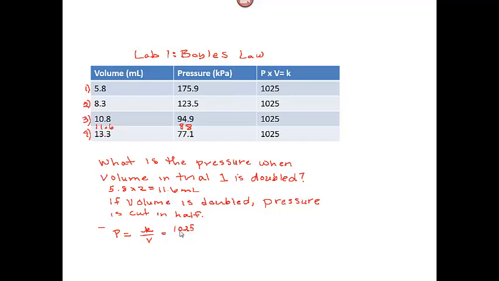But when you took the average, this is about what I got anyways. And then we want to divide that by the volume that we're looking for, the 11.6. And when you do that math, 1025 divided by 11.6, you get around 88 kilopascals. Now, it's not an accident that these two numbers are the same. Okay? Because this math just supports what we knew conceptually.